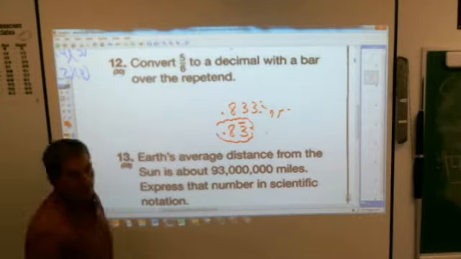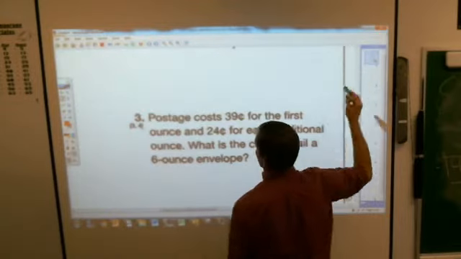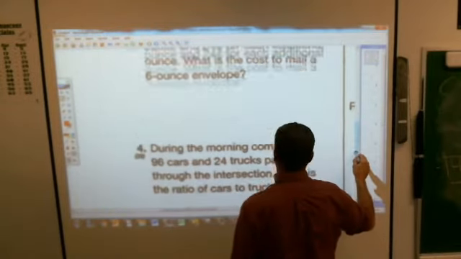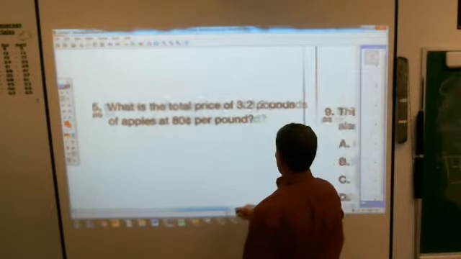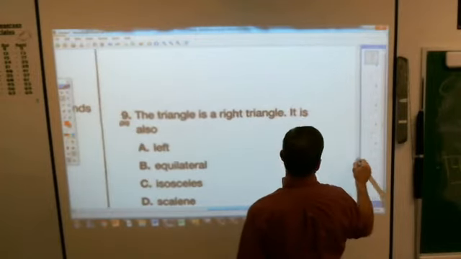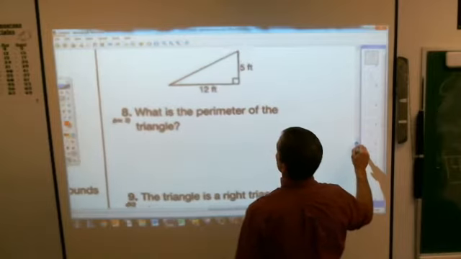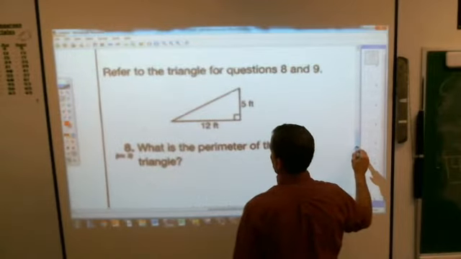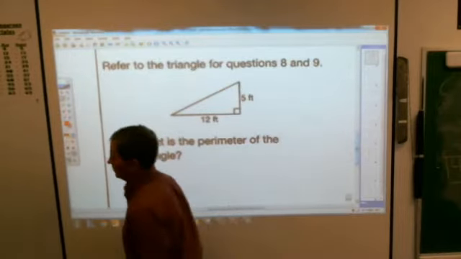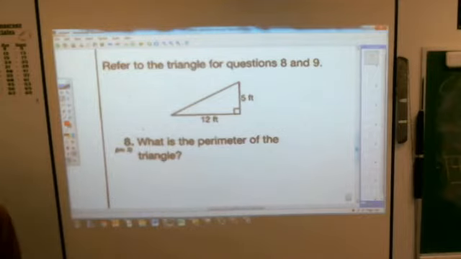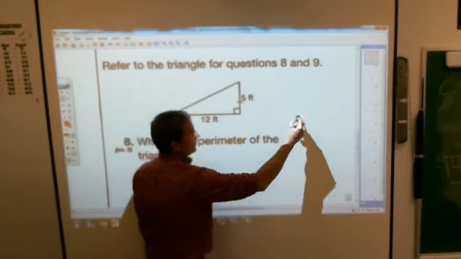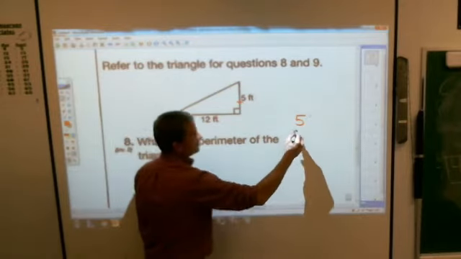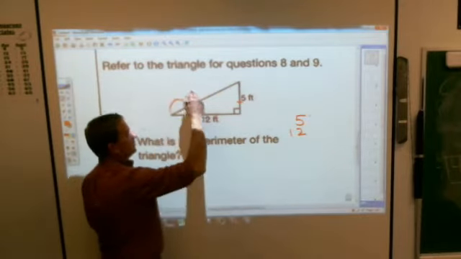Do you remember 8 on the board? This one is, again, note to self, Pythagorean triple. Perimeter is just the distance around. We know the 5. We know the 12. We do need to figure this out.